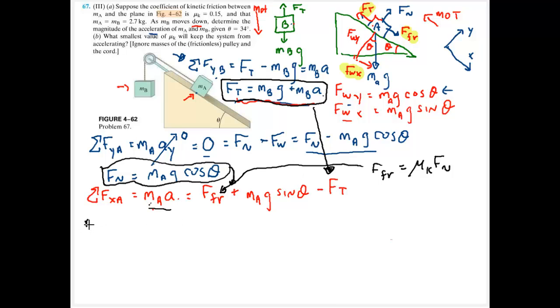First I'm going to write the mass of A multiplied by the acceleration. Now that's going to be equal to the frictional force, which is mu sub k times the normal force. So mu sub k.